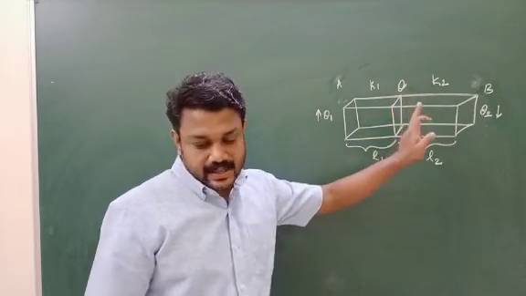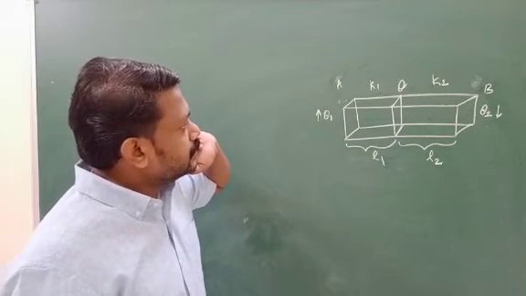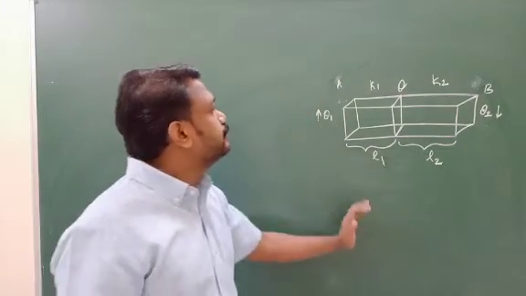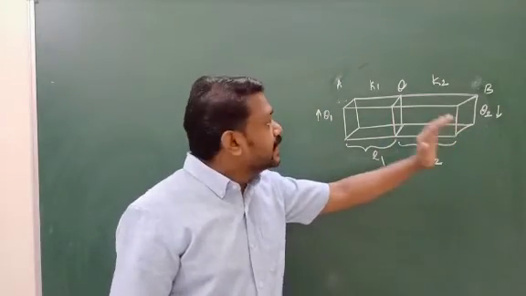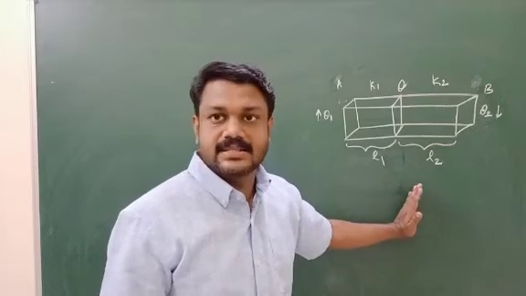Okay, so we can say that whenever heat is flowing from A to B, heat crosses this interface junction also.